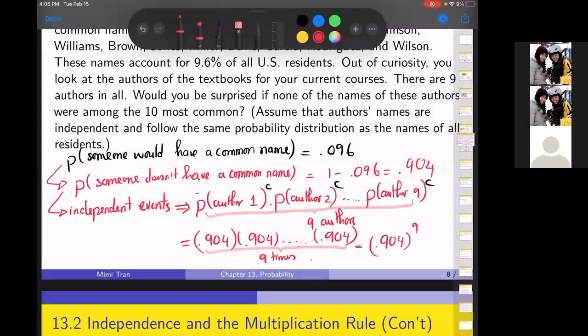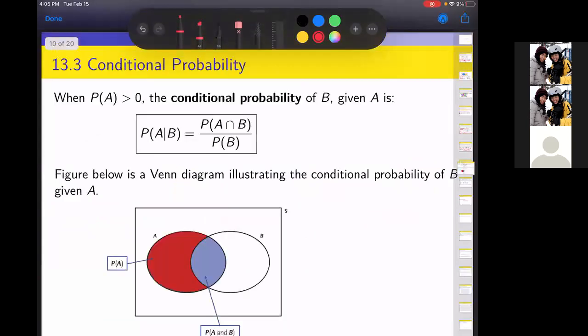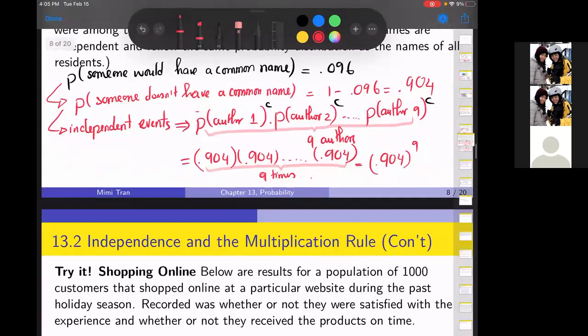Which is what do you get? Can someone tell me? 0.403. Thank you, Dan. 0.403. So roughly 40%. The probability that someone does not have one of those common names above is 40%.